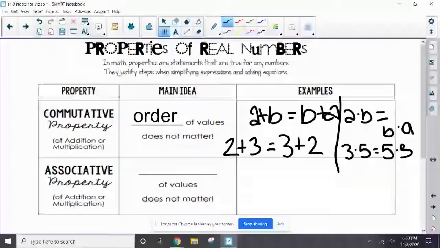No matter what order I put those in, the answer will be the same. So the commutative property, I would circle that, is about the order. It states that the order of those numbers does not matter.